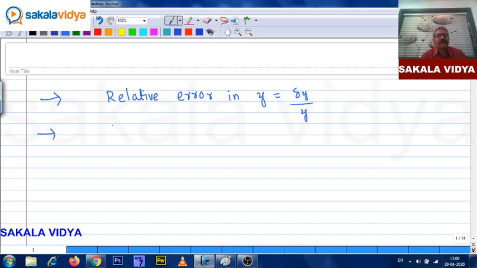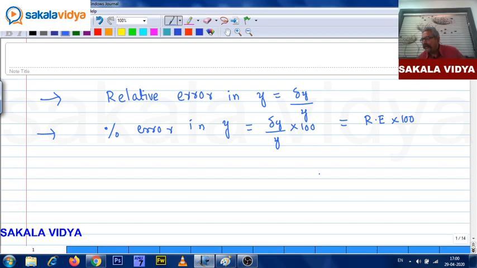Next, important: percentage error in y equals delta y by y into 100. That means relative error into 100. This is a relation: relative error multiplied by 100 is equal to percentage error. That means percentage error equals relative error multiplied by 100.